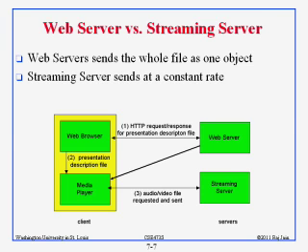Can't the media player just ask for a piece of a file and then another chunk of a file? So the thing is, this is what the streaming server is designed for: to give you basically piece by piece as you need. The web server is not designed for that, although having said all this, everything is being mixed up nowadays.